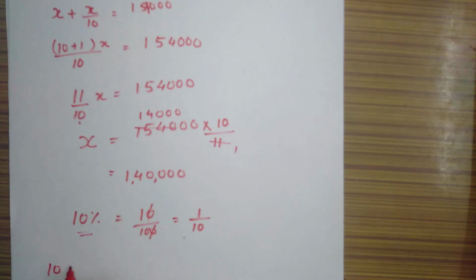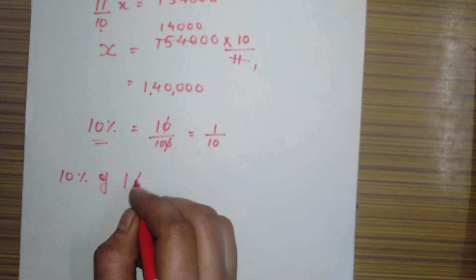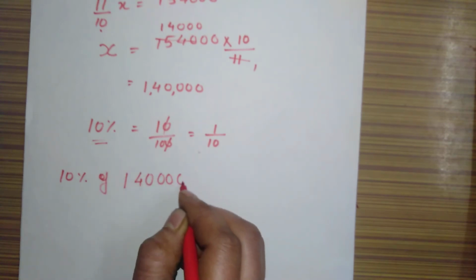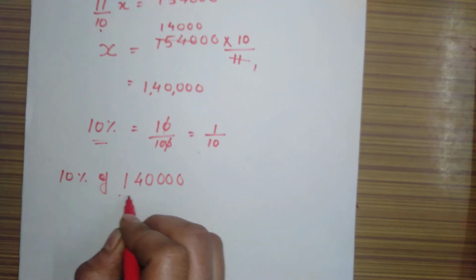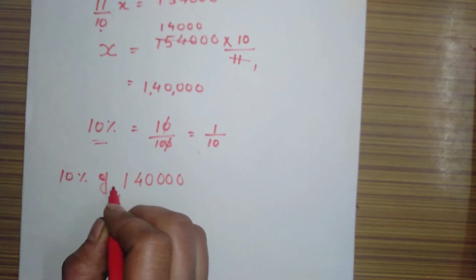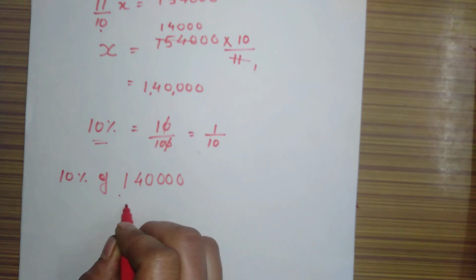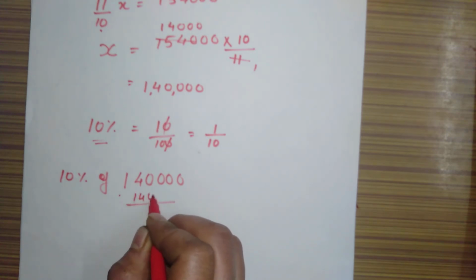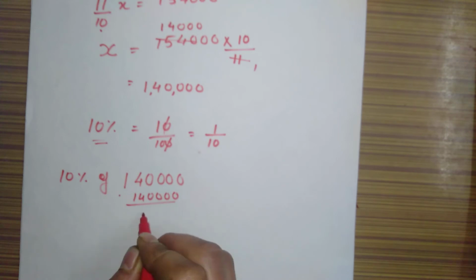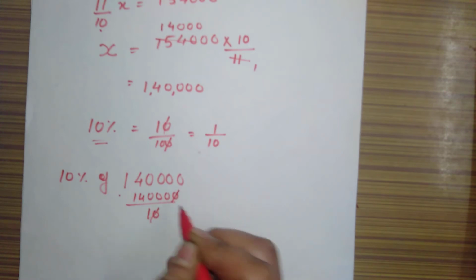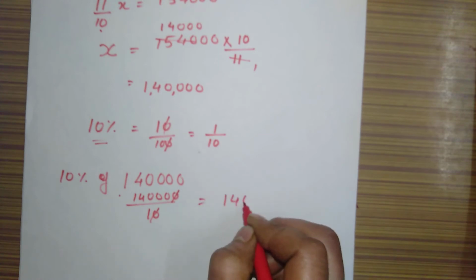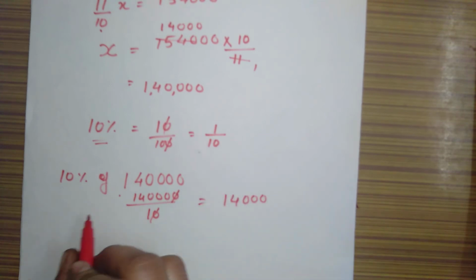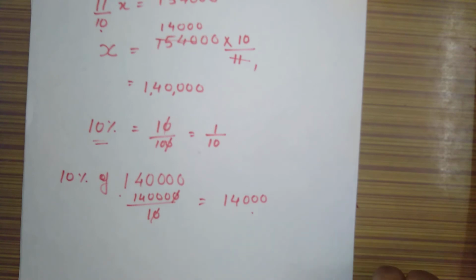So 10% of 1,40,000, you just have to divide it by 10. आपको इसको सिर्फ 10 से डिवाइड कर देना है. 1,40,000 upon 10, so the last zero is cancelled, and this is 14,000. 10% of 1,40,000 is 14,000.